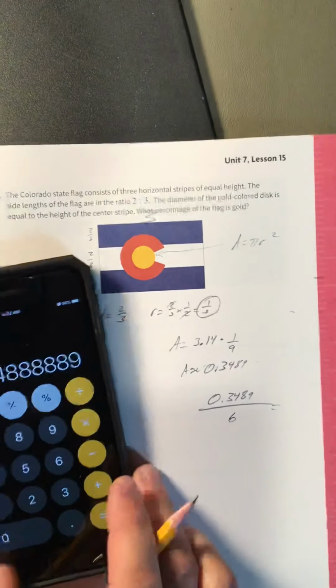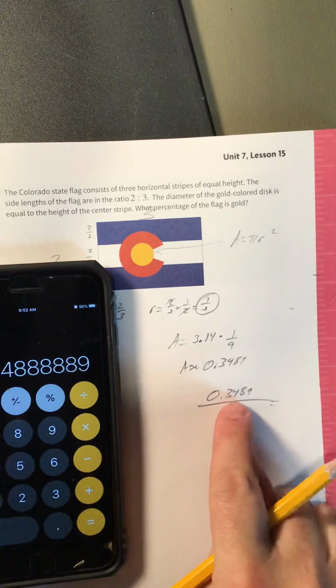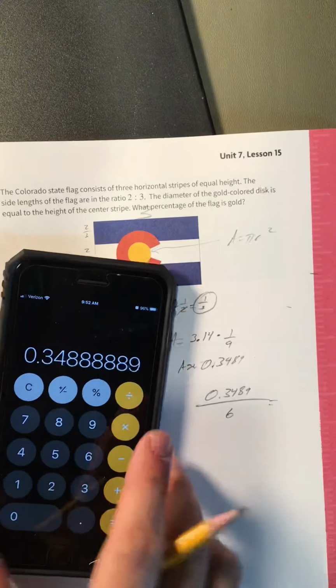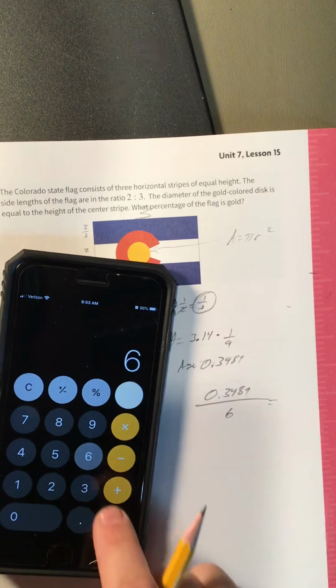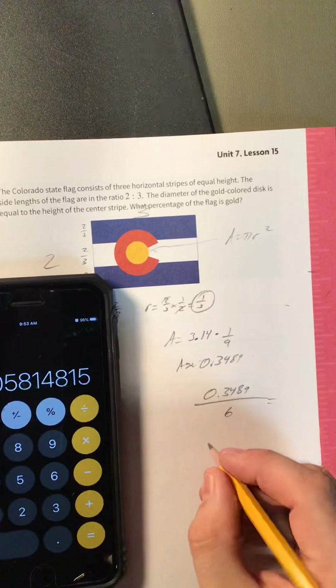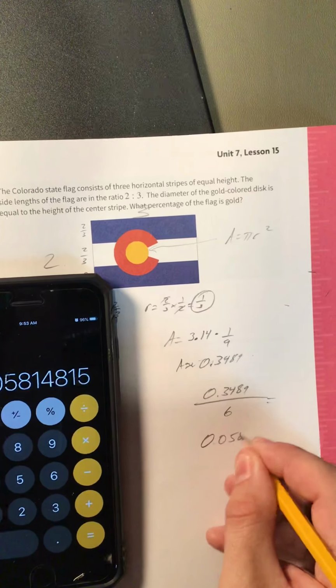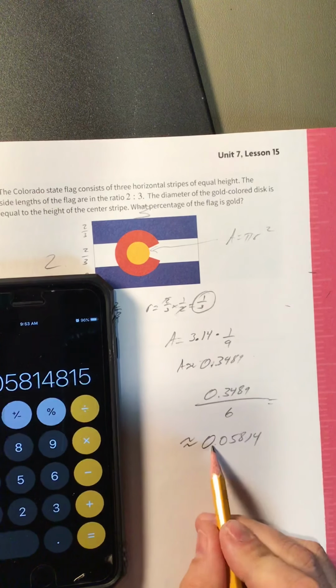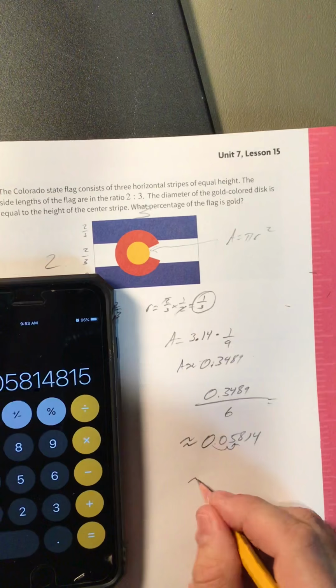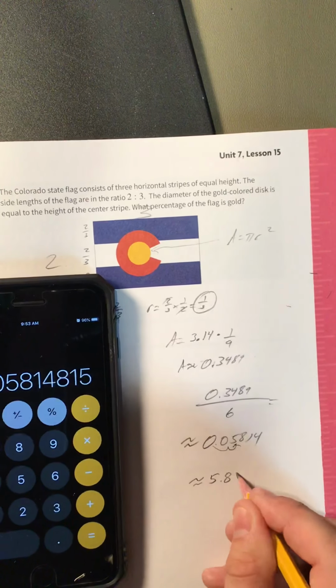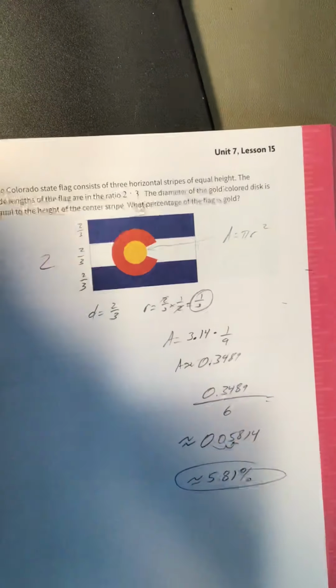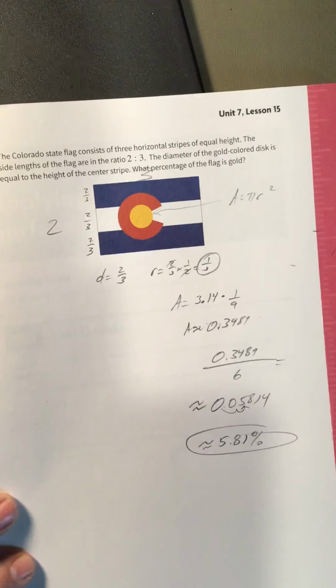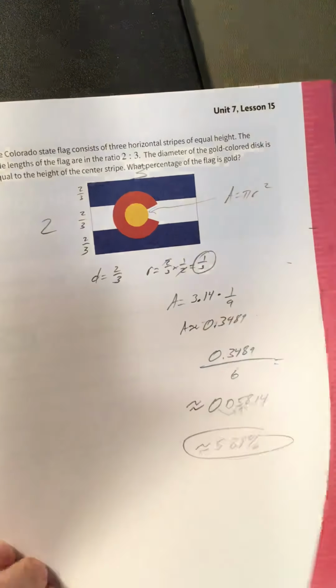So I'm going to use the exact number from my calculator, and I'm going to take it divided by 6. So I get 0.05814, approximately. Move the decimal 2 spots to get a percent. I'm going to say about 5.81% of that flag is made up of the gold circle.